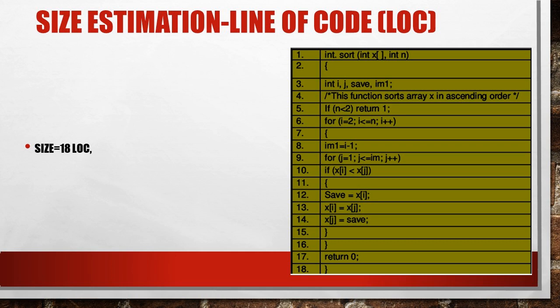In software engineering, there will be thousands of lines of code. So normally LOC is measured in terms of KLOC, that is, thousands of lines of code, in normal software engineering projects for computational purposes.